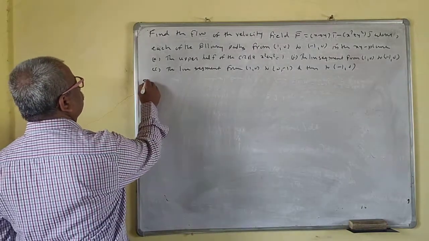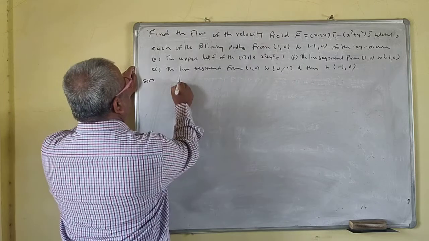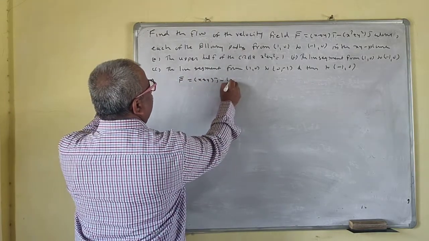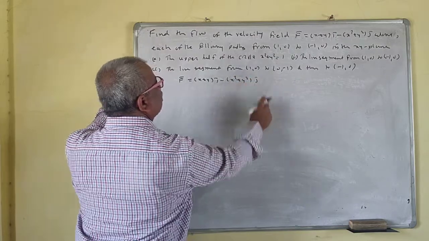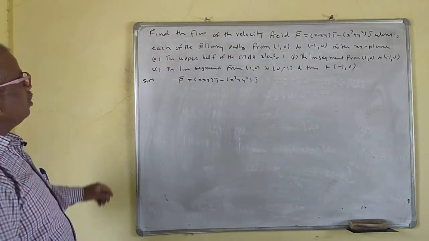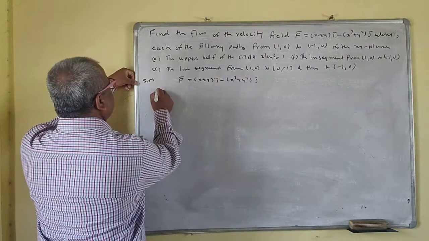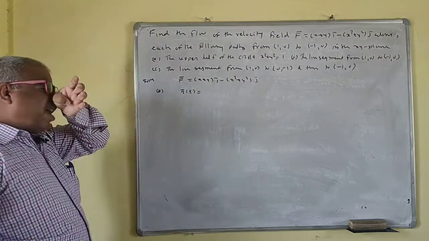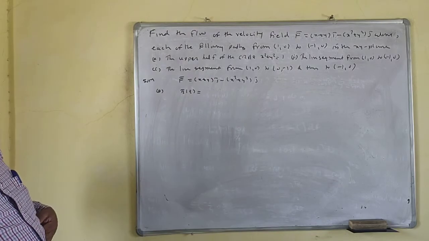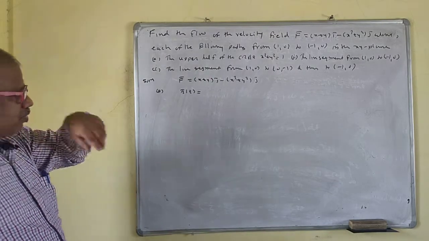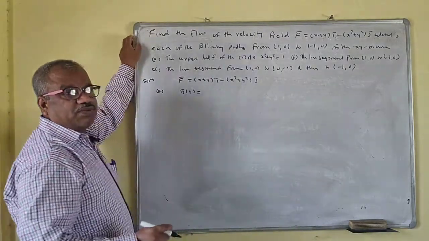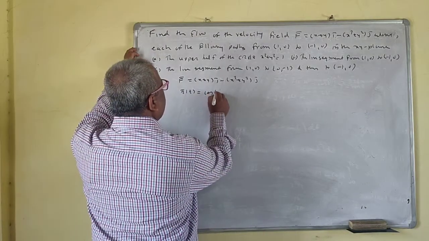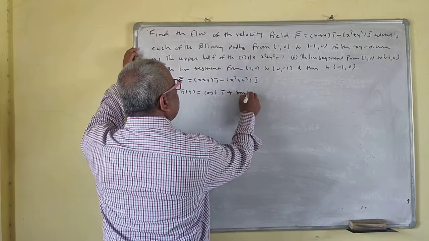Solution. F bar is equal to x plus y i bar minus x square plus y square j bar. We'll take A first. r bar of t, upper half of the circle. x square plus y square is equal to 1, this is the unit circle, so the parametric equations are cos t i bar plus sin t j bar.